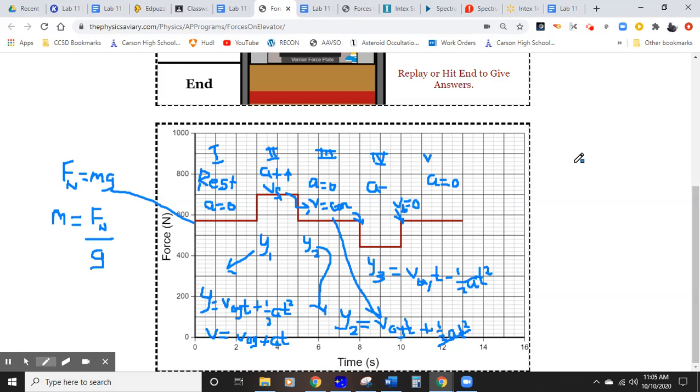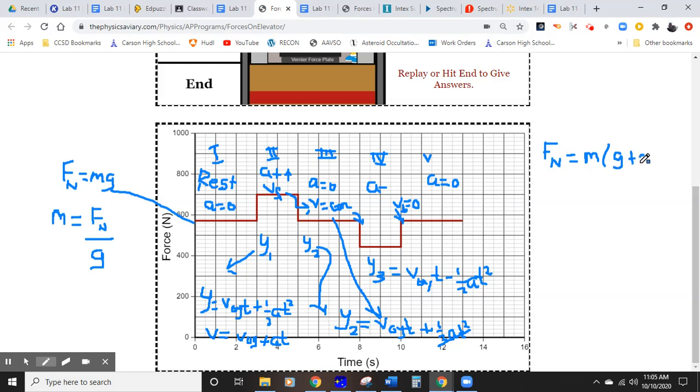Well, it's the elevator problem. So to find a, here's the normal force right here. We'll use this equation right here. It equals the person's mass times g, whatever g is of the planet. And now make sure this is positive.